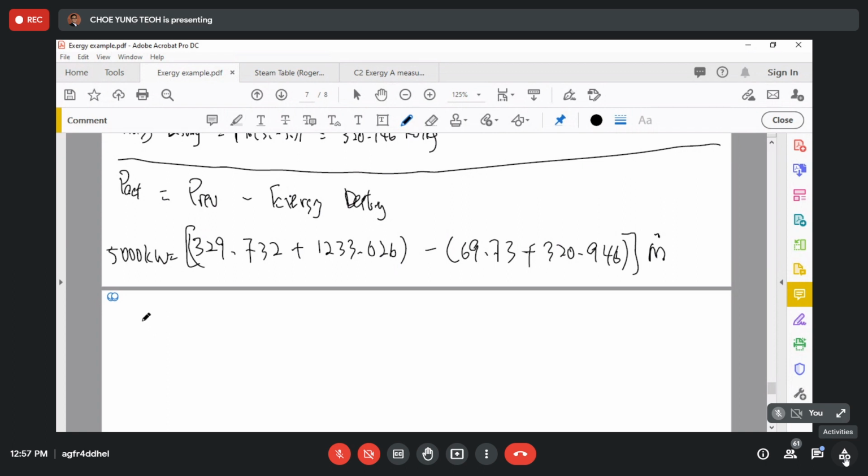So the mass flow rate is 4.2659 kg per second. Okay, so we can get the reversible power.